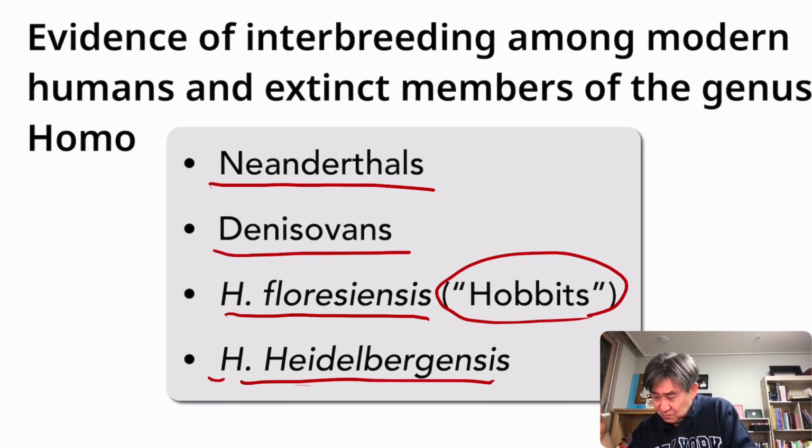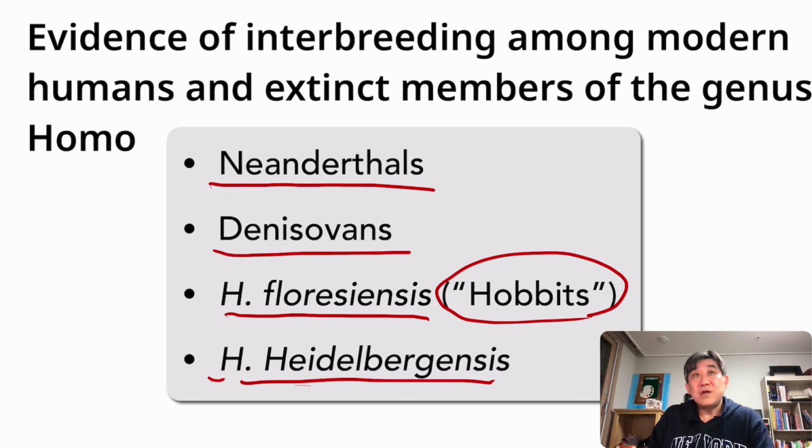How can I not pronounce it properly? Heidelbergensis, whatever. All this showed a significant degree of gene exchange, which means they interbred. They produced offspring across the boundary of their species, especially more extensively with the Neanderthals.